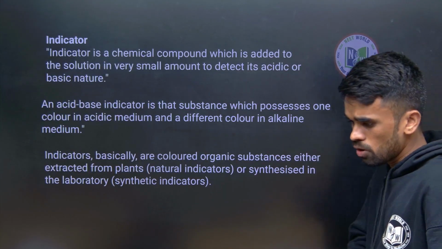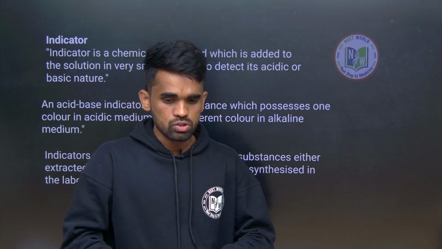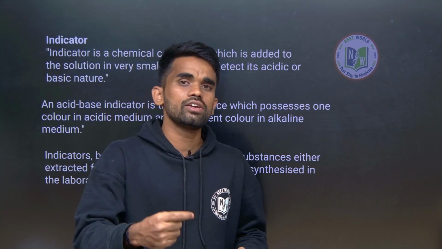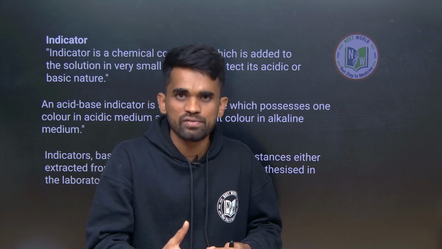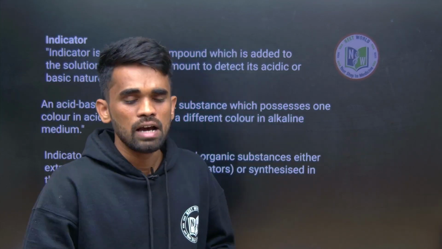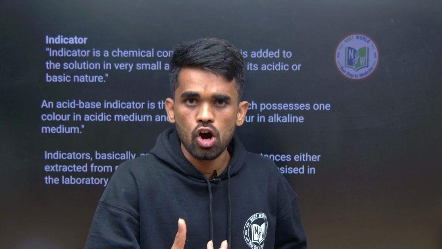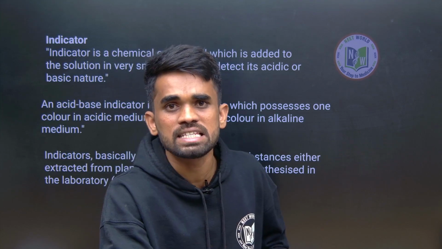Now in order to identify, I will be giving a compound to you. I have given a solution, and I am asking you to identify whether it is acid or base. How do we identify this? To identify this, we have something called an indicator. Indicators are compounds which we use to identify whether a given compound is acid or base.